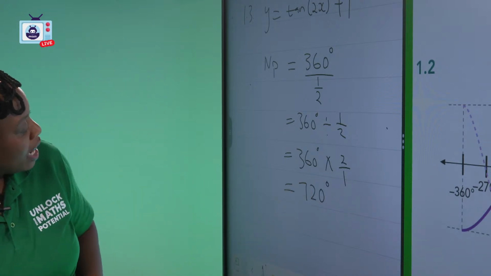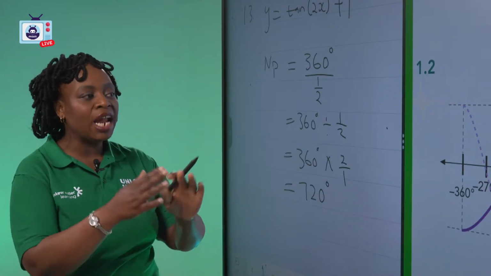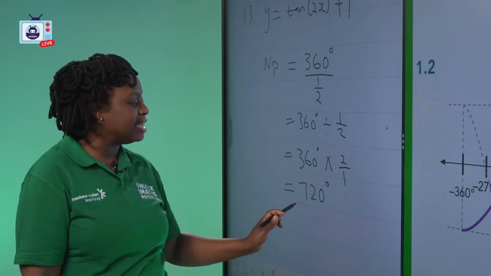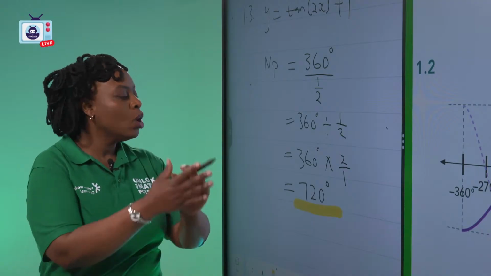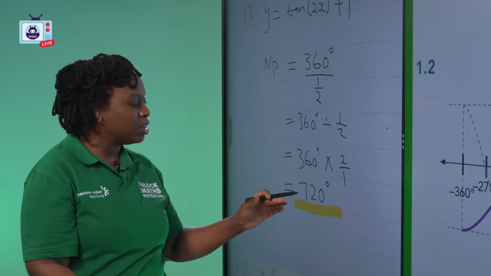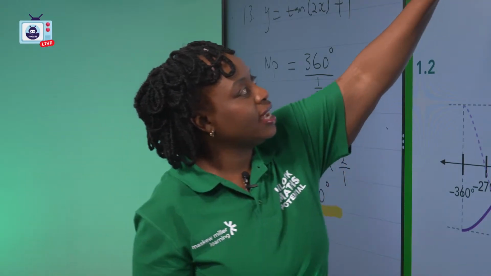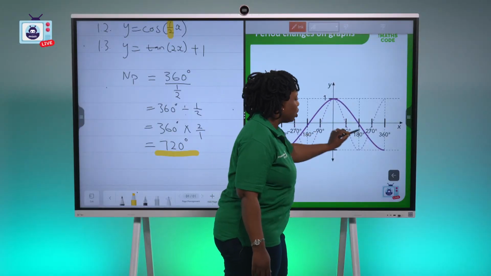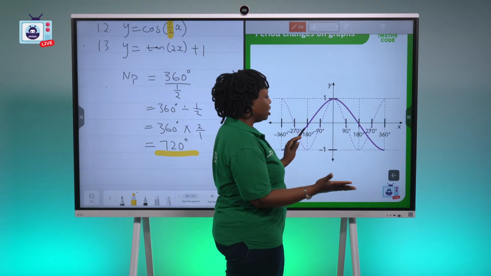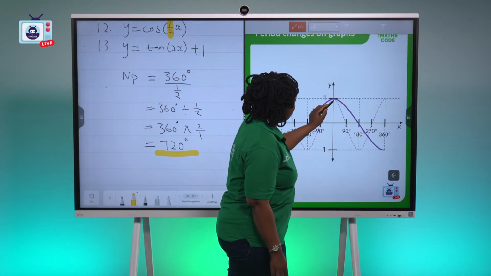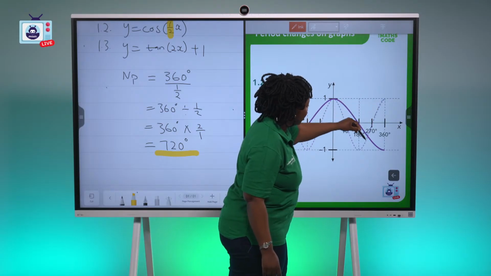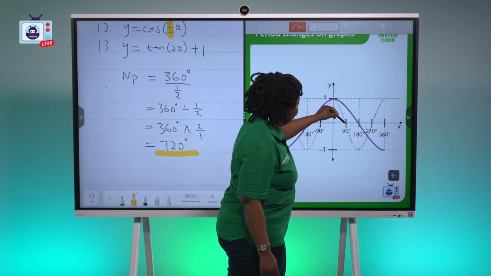So now, what does this mean? It means that one full graph, instead of being within 360, will now be within 720. If you check here on this graph, you can see that this is just one lap of our graph. There's no completion whatsoever. If I look only at the normal one that I used to have, you would see that this is how the graph looks. So if I do this, I have 1.5.